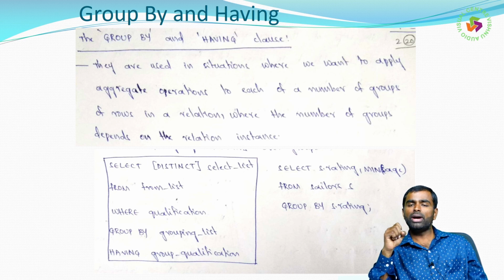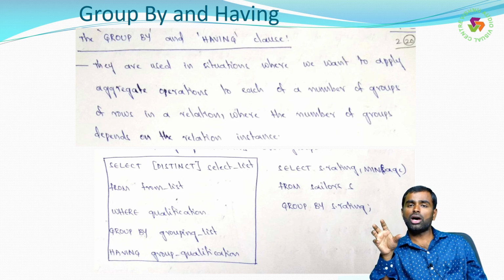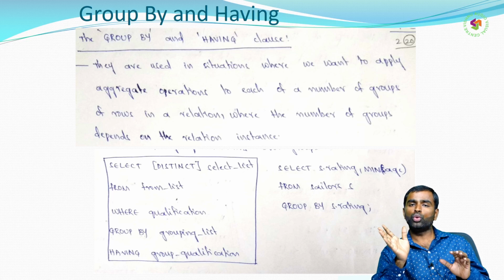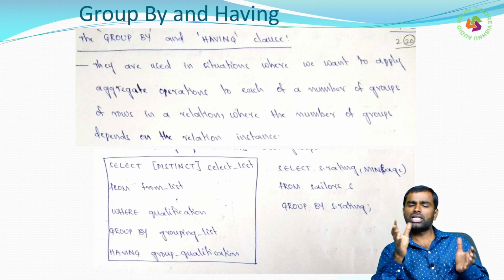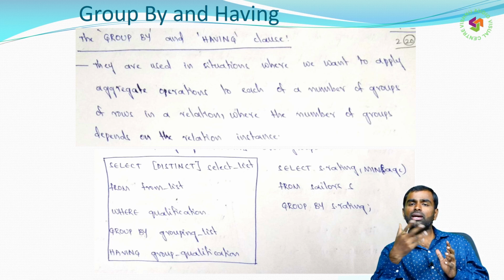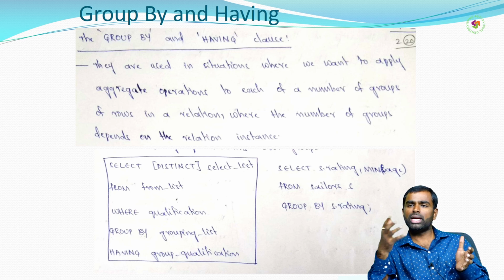Next, group by. Group by is nothing but dividing the table into groups based on a particular column. For students it could be male and female, for employees male and female, or any number of groups based on CGPA. Based on rating, you can divide employees into groups. Employee rating can be given from 1 to 10, for example.